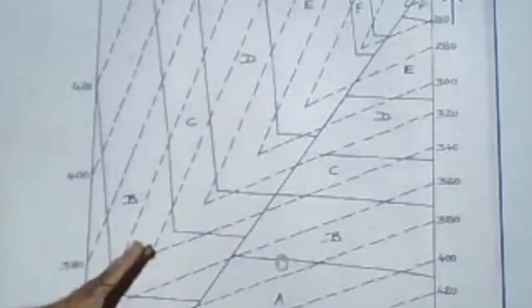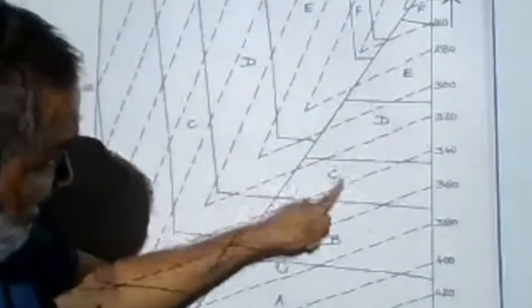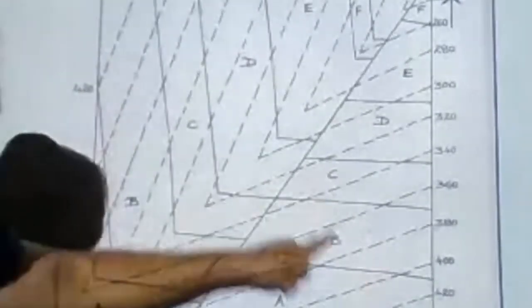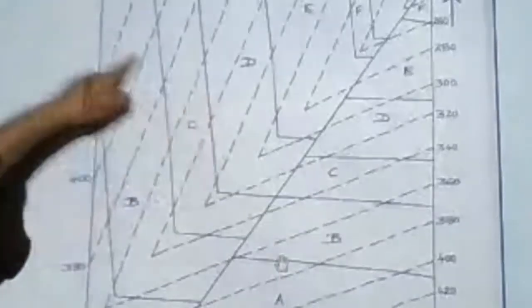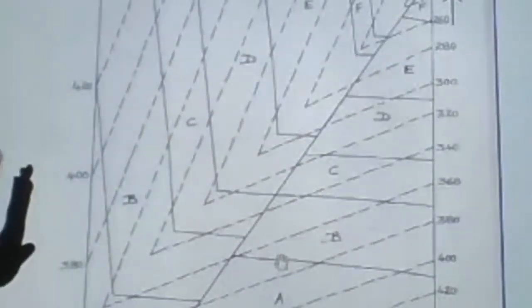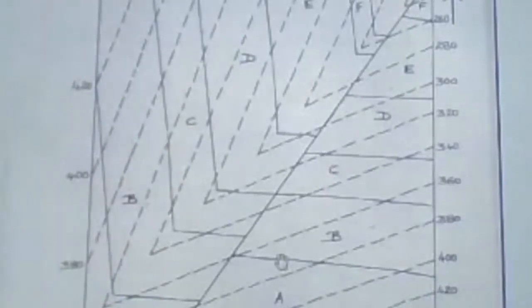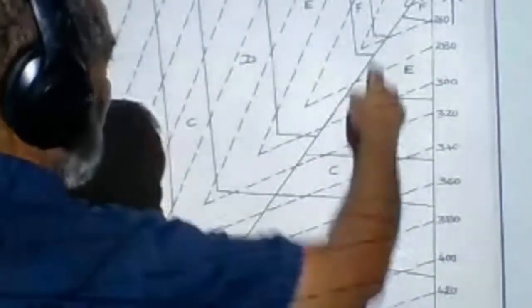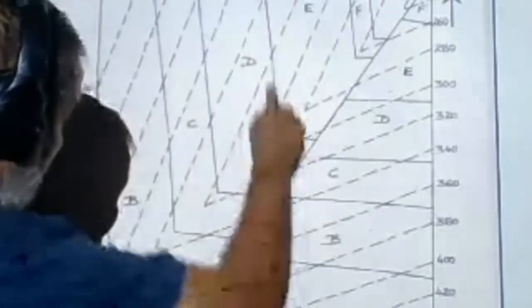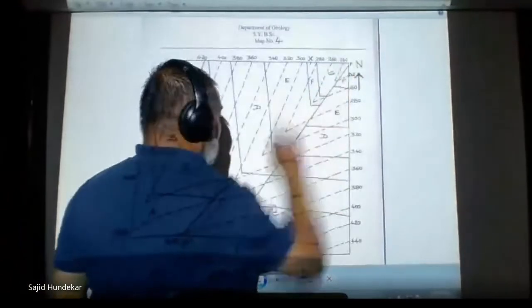Now for map number 4, here you can see again a V-shaped open contour. The contour value increases towards this side, so it is high ground, and this side is also high ground. Now the description: the given map represents a V-shaped open contour, centrally located and dipping towards the northwest.